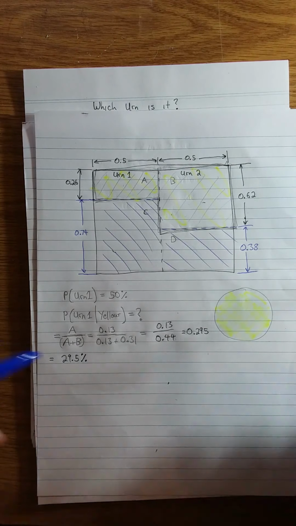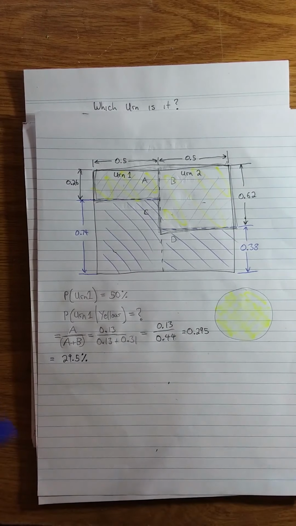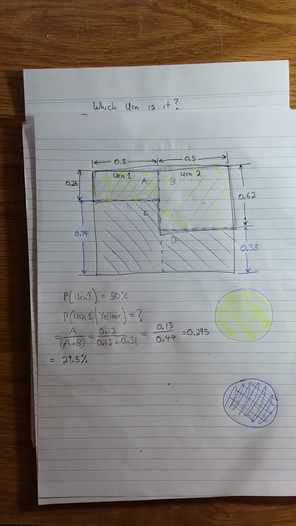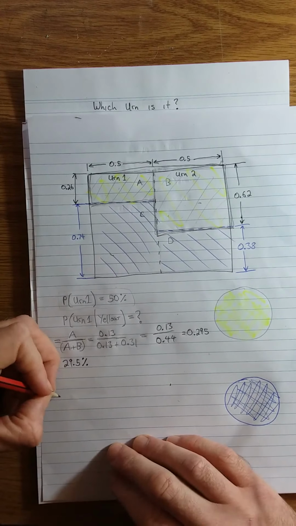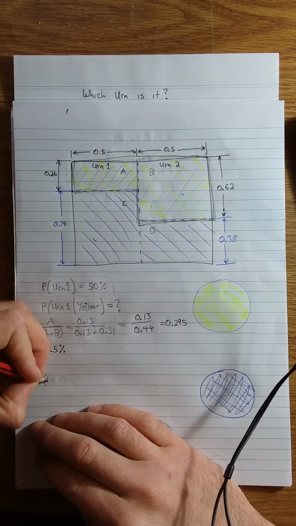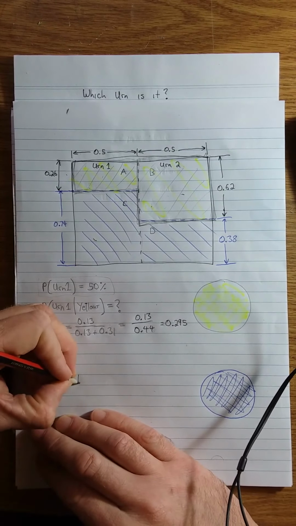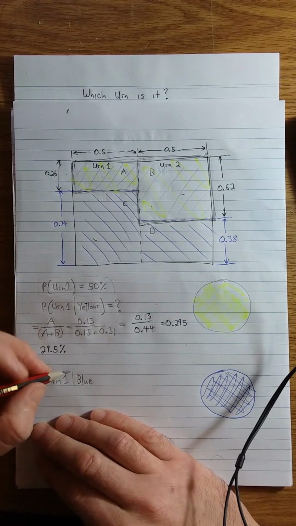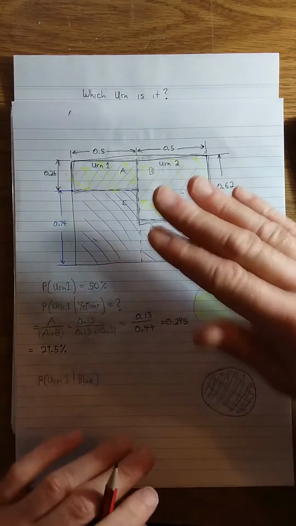What happens if we were to draw a blue ball? Well, we still have this, but now we want to know the probability of urn 1, given that we have a blue ball this time. This is the new evidence. Now we're going to pretend that we never saw that.